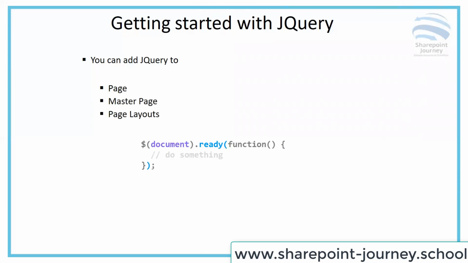Okay, and there is one more thing which is important to understand when you are getting started with jQuery, which is document.ready, and there is a function, right? Then it says do something here. What is the importance of this?